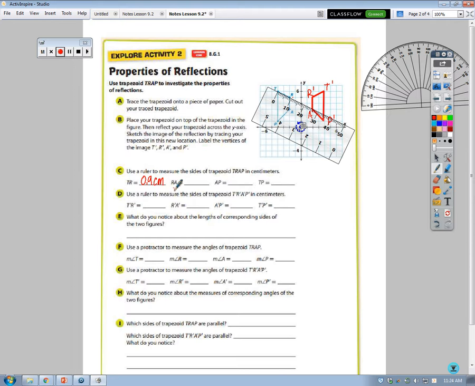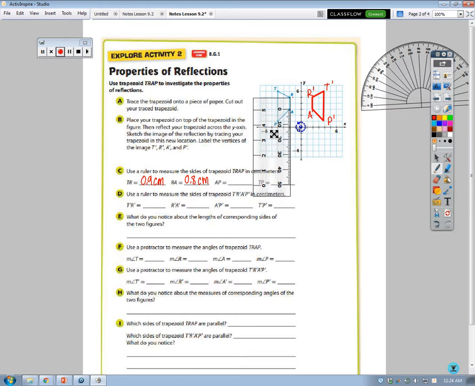Okay, I'm going to measure side RA, so I'm going to move this over to point R. I'm going to rotate it again, and I'm looking at about 8, just a little bit less, so 0.8 centimeters. I'm going to drop this down.